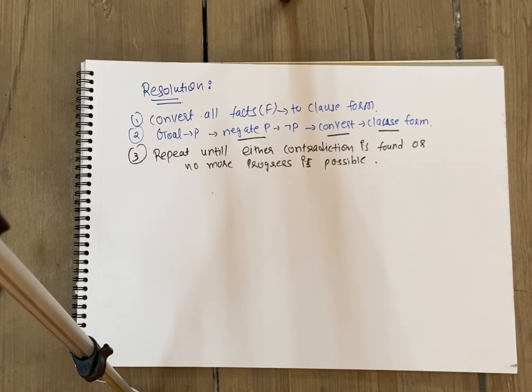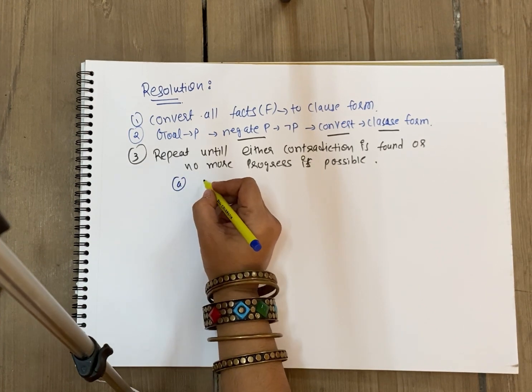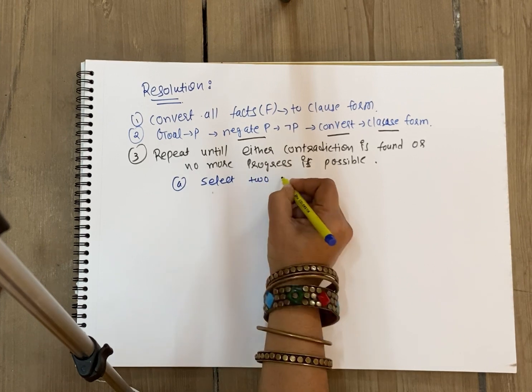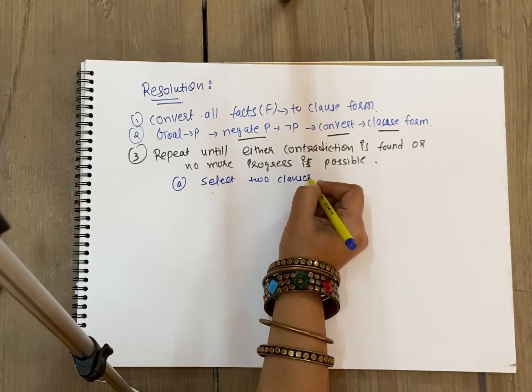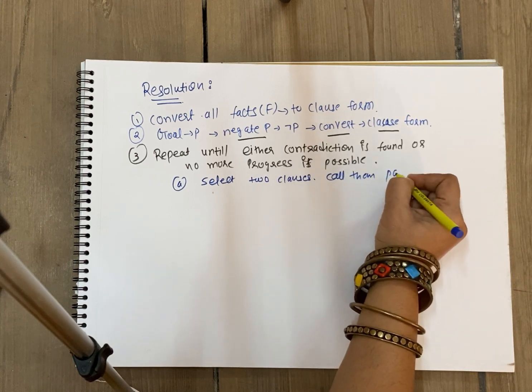In the loop, first of all, we are going to select two parent clauses. Select two clauses and call them parent clauses.